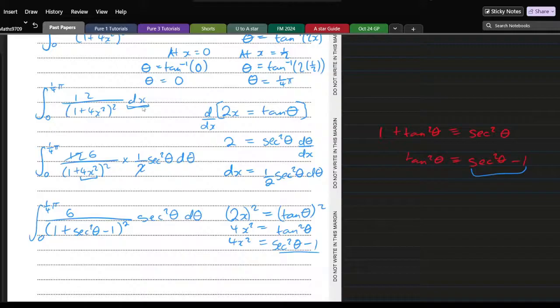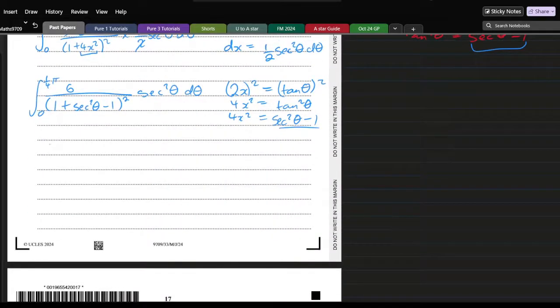So let's simplify what we have. We're integrating from 0 to 1/4 pi. We've got 6 over, the 1's will cancel out here, so that becomes sec squared theta, and this is squared, and it's being multiplied by sec squared theta d theta. So that sec squared theta cancels out the power 2, so it just ends up being 0 to 1/4 pi for 6 over sec squared theta d theta.